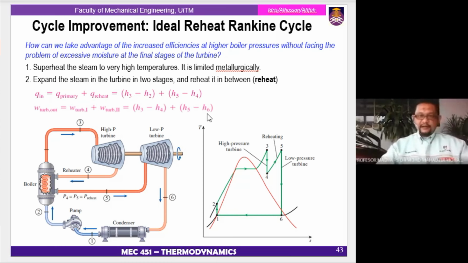That means states 5 and 4, 5 and 6, 3 and 4 depend on the point or stage where it comes from. Okay, so from here you will get the total work output for this reheat Rankine cycle.